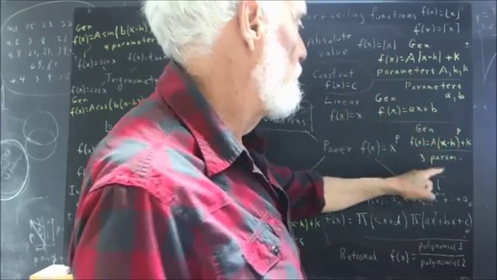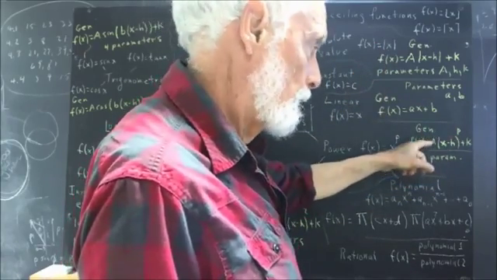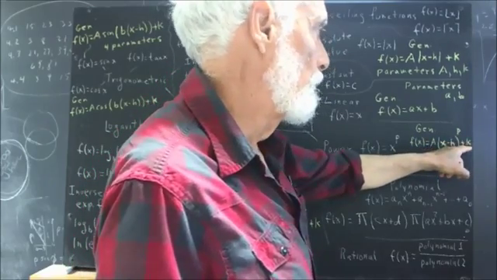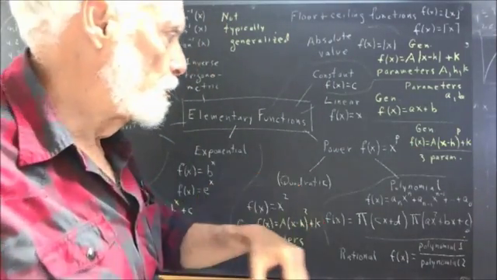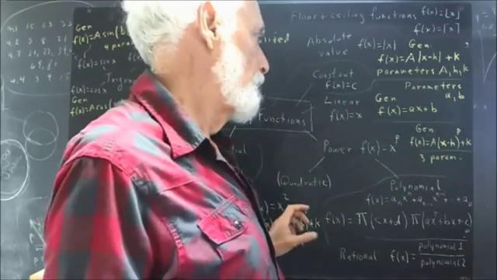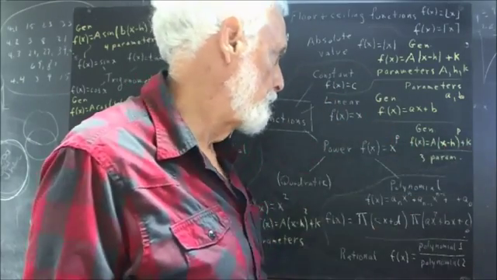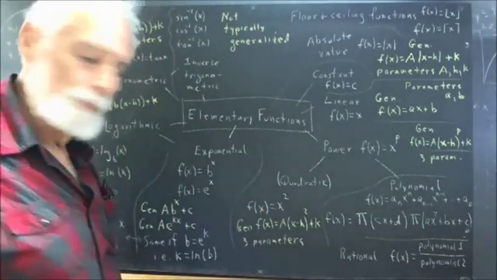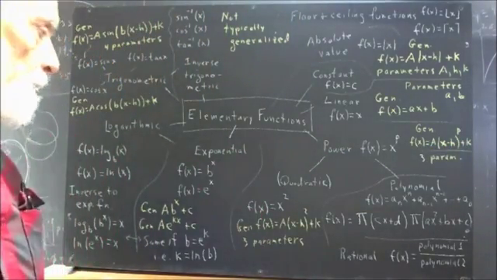There are three parameters here: the big A, the vertical stretch, the horizontal shift h, and the vertical shift k. Those are three things that you can do. And if you have any generalized power function, you can get it by manipulating those three parameters.